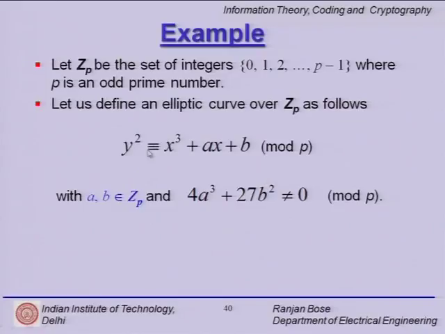This is my elliptic curve, and all my calculations, multiplications, additions will be done over this curve. We will tell you how. But what are a and b? a and b also are elements of Z_p, and we put a constraint: 4a cubed plus 27b squared is not equal to 0 modulo p. So, this is my definition that we are going to use for the elliptic curve in this example.